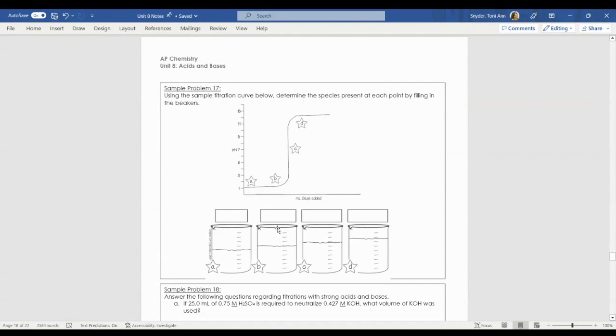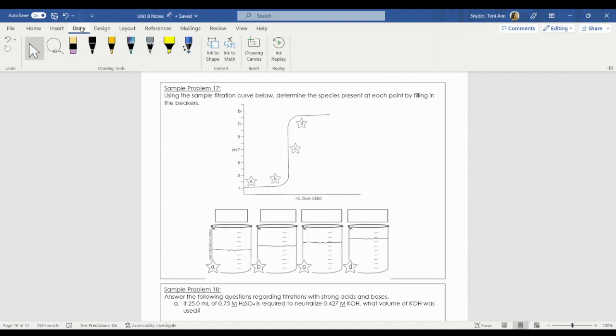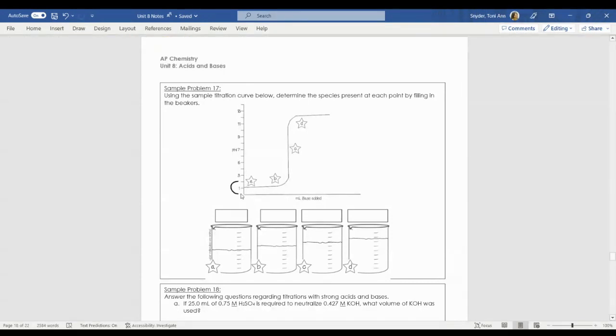So what's present in the beaker as we go through this particular titration? It says, using the sample titration curve below, determine the species present at each point by filling in the beakers. So we can tell just by looking at this graph that I am reacting a strong acid with a strong base. And I can tell because my pH is very low to start off with.